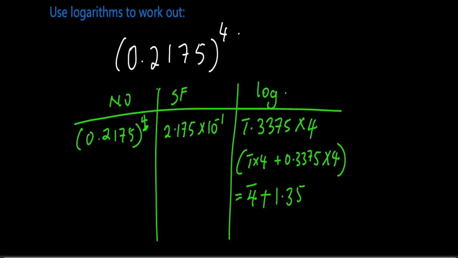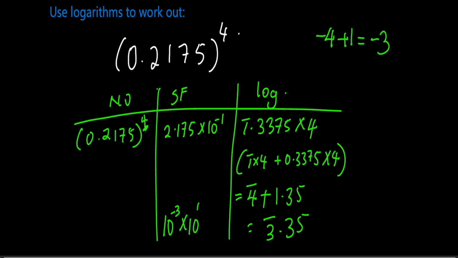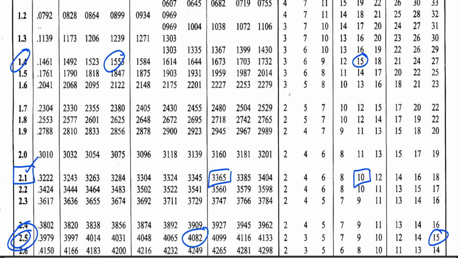Now we have a bar 4 and a 1. So if you take minus 4 add 1, it's going to give you minus 3. So it's going to be bar 3 point, the decimal just remains the same, 3.35. So again, it's going to be written as 10 to the power negative 3 when searching for the antilog, times 10 to the power 0.35.